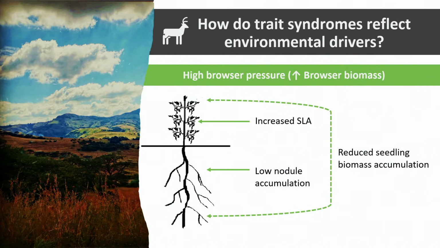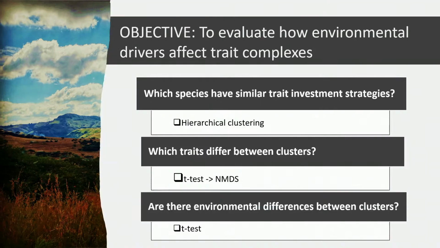And we found a similar result for species that came from areas with high browser pressure, except maybe that they had increased SLA, which is a trait indicative of species growing faster. But they also had reduced seedling biomass accumulation and small seeds.